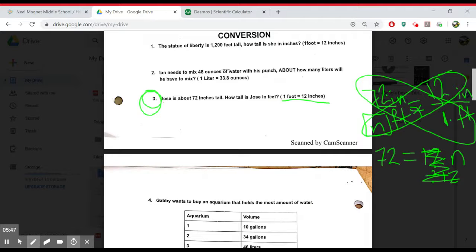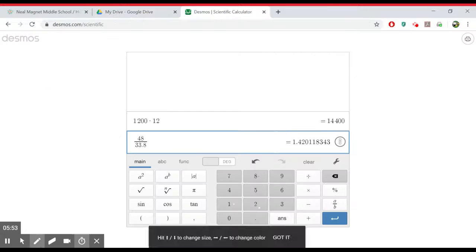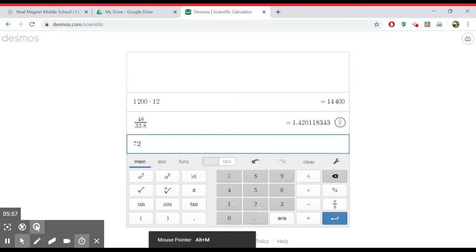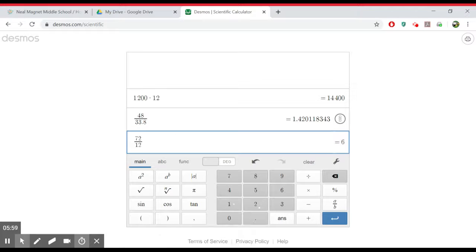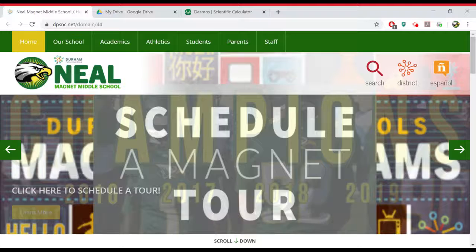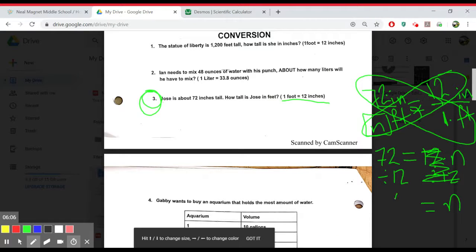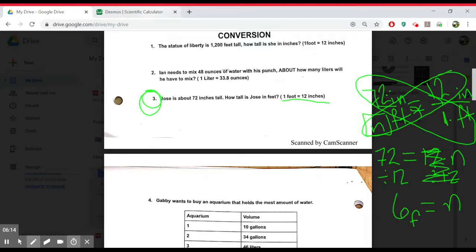This divides to 1, so I'm left with 1 n. And 72 divided by 12 is 6. And so my units in this case is 6 feet.